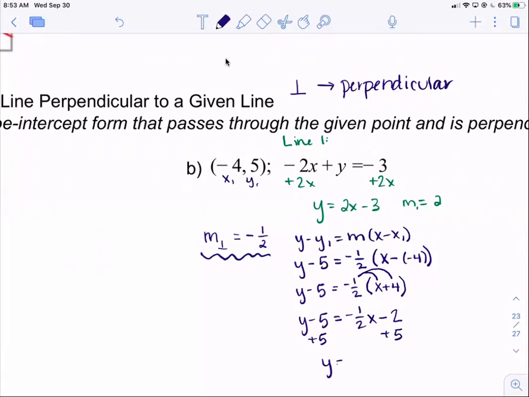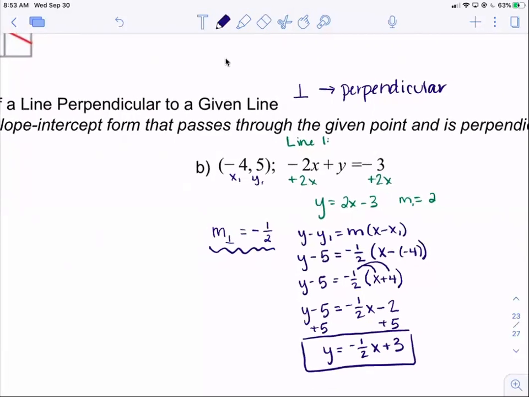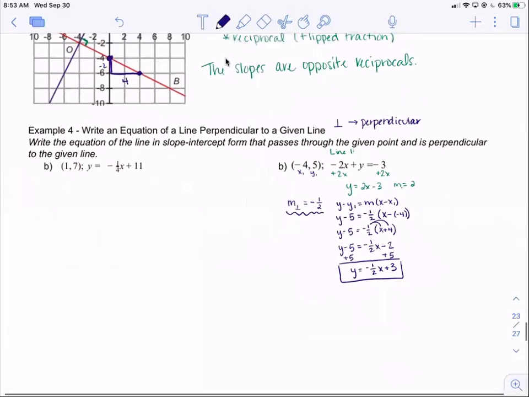So y = -1/2 x, and -2 + 5 is 3. So there is our equation of our perpendicular line. All right, I want you to go ahead and try A. Oh, let's pretend like this actually says A. Sorry about that. And we'll go over that together as a class.